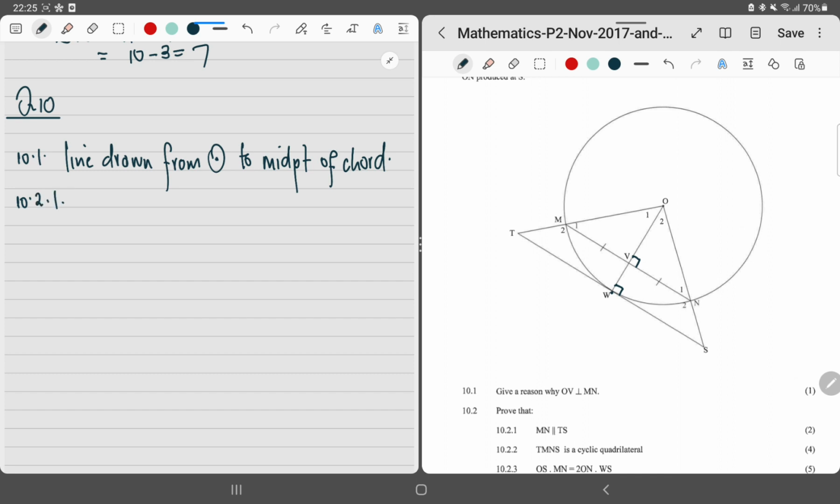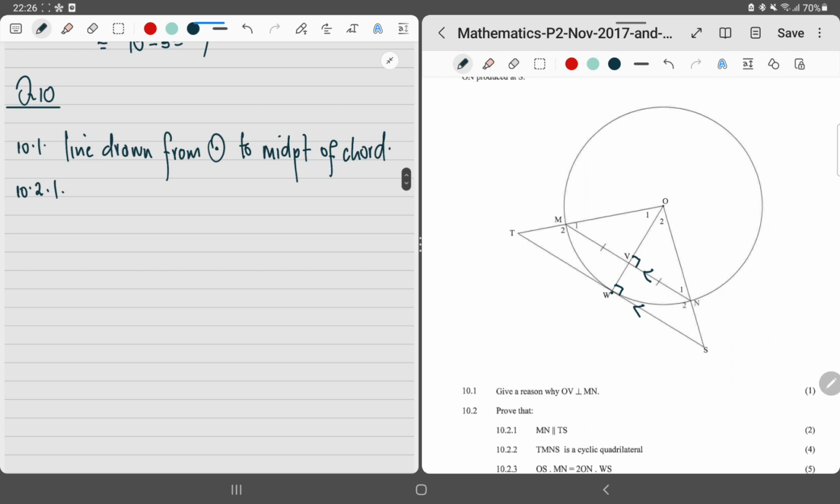10.2.1. Prove that MN is parallel to TS. So we need to prove that MN is parallel to TS. Well, first of all, OWT is equal to 90 degrees because the radius is perpendicular to the tangent.